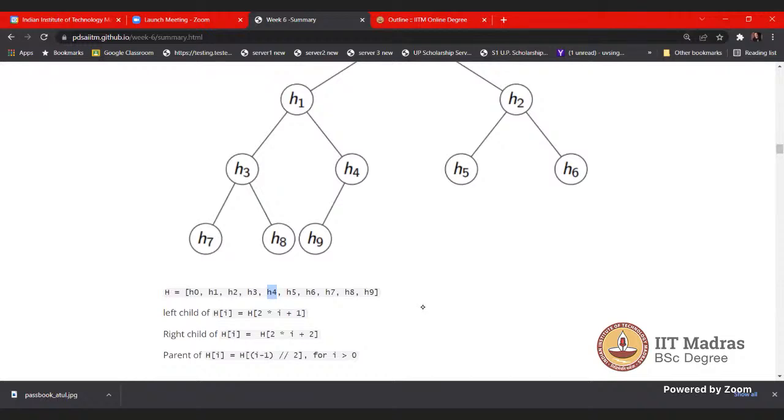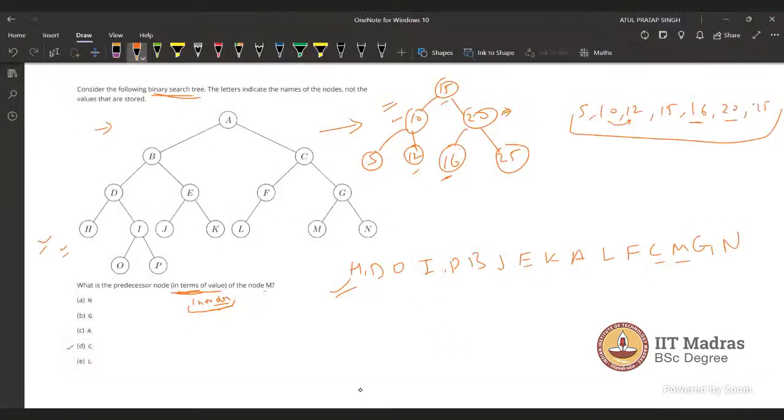Sir, instead of 16, if it was 14, then the predecessor would be 10, right? So no. Instead of 16, 14 cannot come on the right side, because 14 is less than 15, so it cannot come at this place.